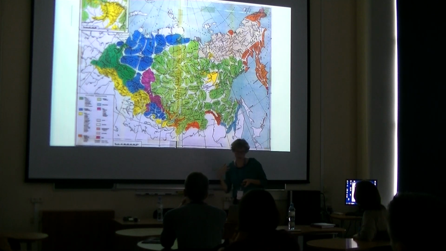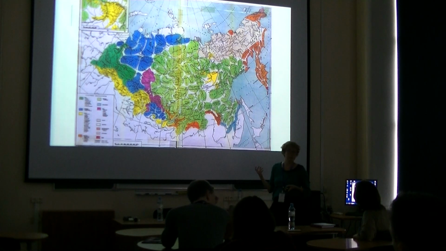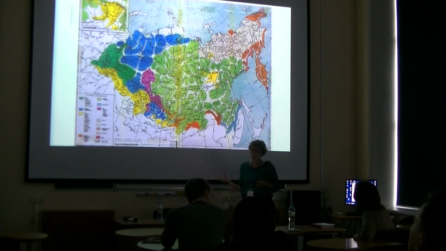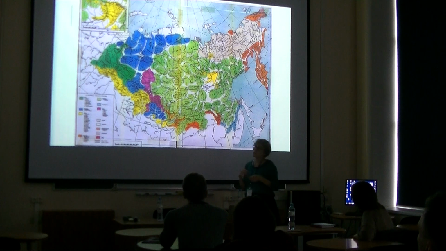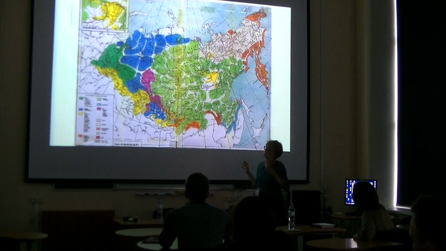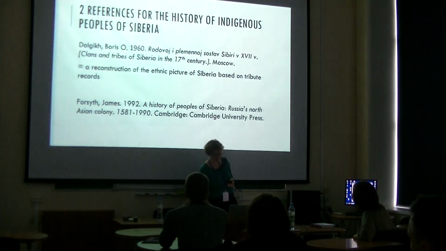And for most clans we know which language they spoke because these clans survived till the 20th century. And of course there was some assimilation, but generally the picture can be restored quite well.